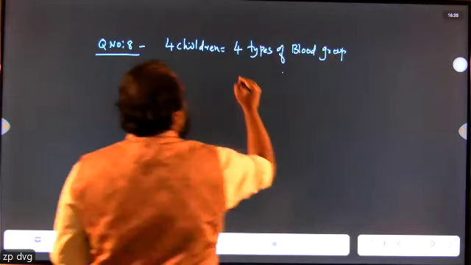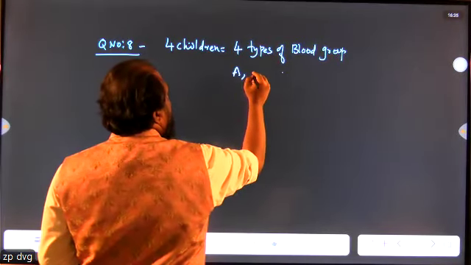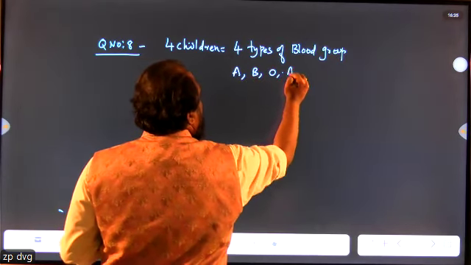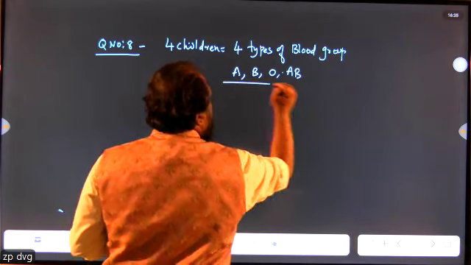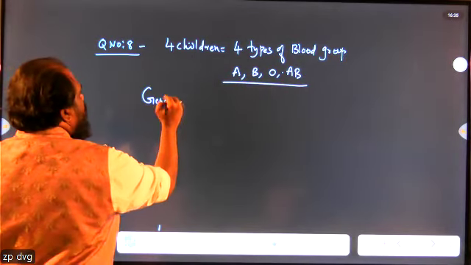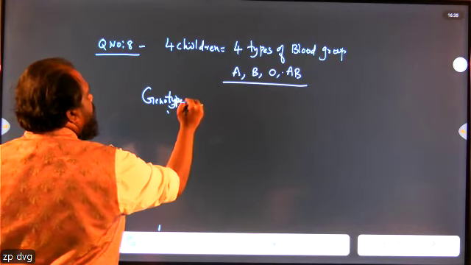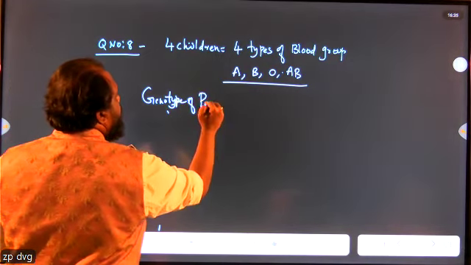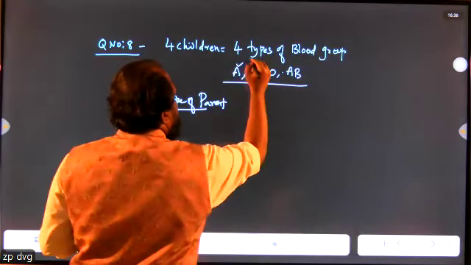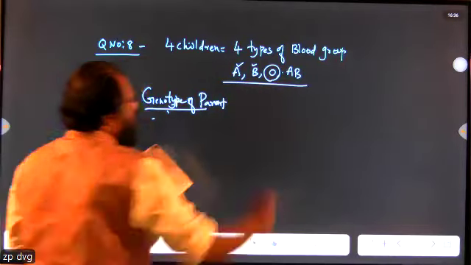What are the 4 types of blood group? A, they have. B, they have. O, they have. AB. These are the 4 types of blood group. They are asking what will be the genotype of the parent. Very simple. A is there, B is there, O is also there.